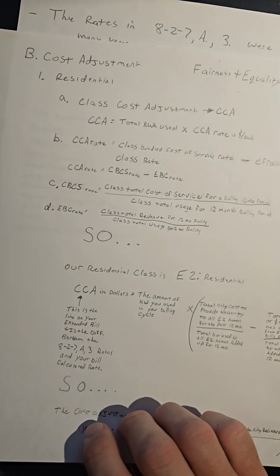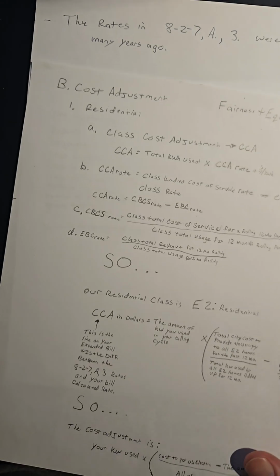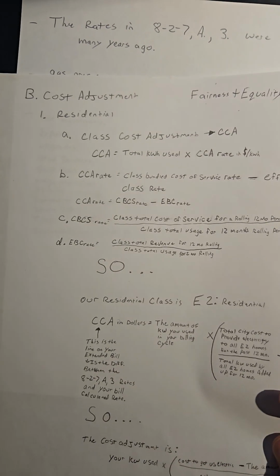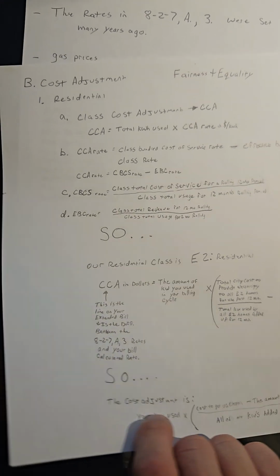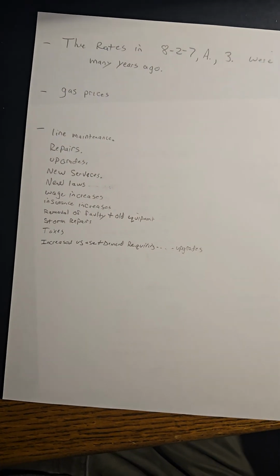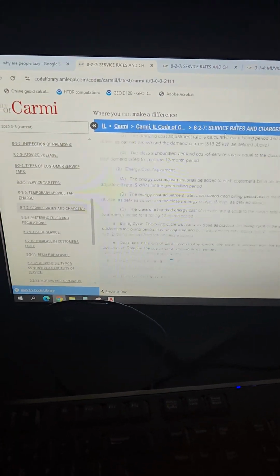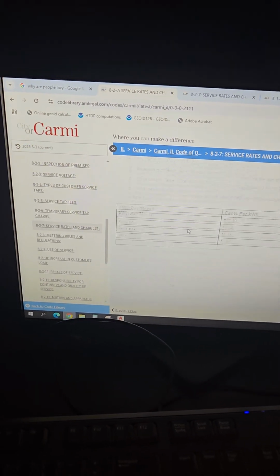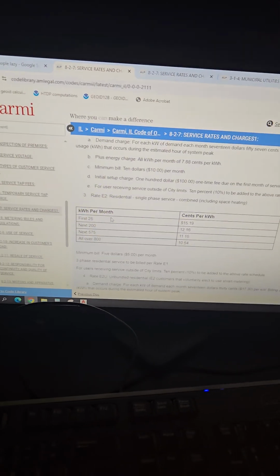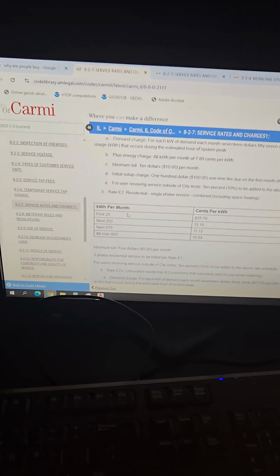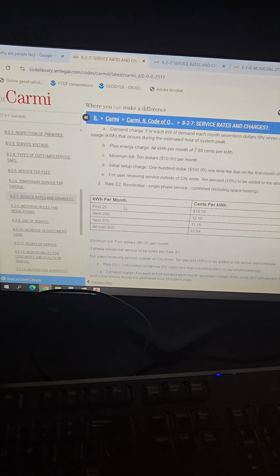So, adding on to this information of the cost adjustment, it's not just some random frivolous number that's added onto it. It's because these rates on the website, these E2 rates, they don't go up and down every week, every month, every billing cycle.